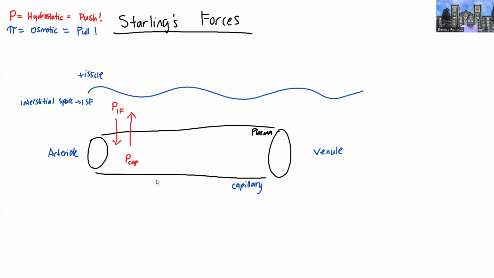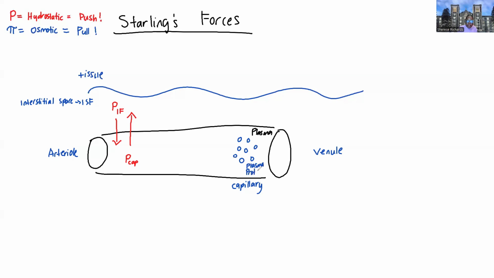Now, if we think about our osmotic force, this is going to be acting in both directions, but mainly coming from our plasma. In our plasma, we have all of these bulky proteins that cannot leave. We call these plasma proteins.